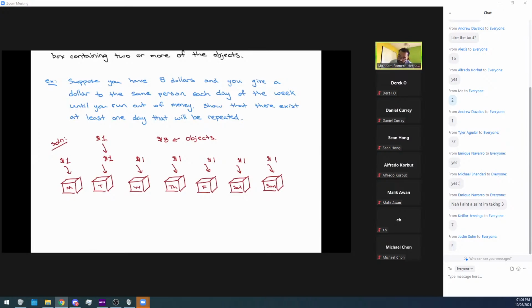So another way of looking at this is your objects are your pigeons, and these are your pigeonholes, or the boxes. The boxes are your pigeonholes.